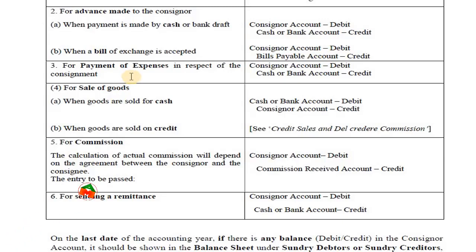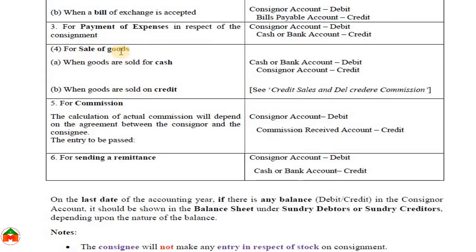And whenever the consignee makes any payment for any expense, then the journal is consignor account debit, cash or bank account credit. Then whenever the goods are sold in cash, the journal is cash or bank account debit, consignor account credit.